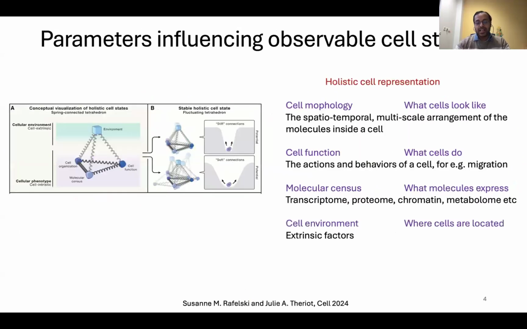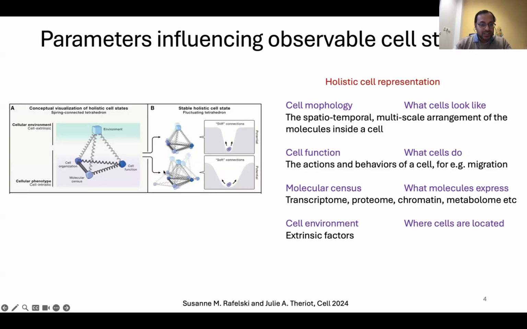There is a very nice review paper that came from the Suzanne and Julie Theriot group. They described that the holistic cell representation can be defined as a four block spring model, where cell morphology is one of the key blocks, meaning how the cells look.